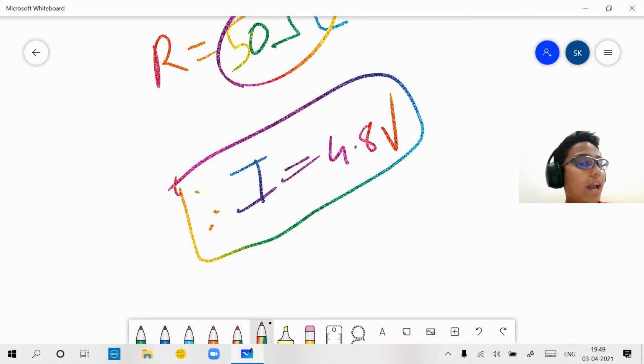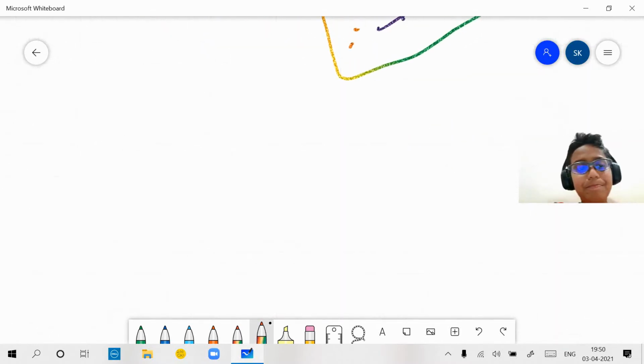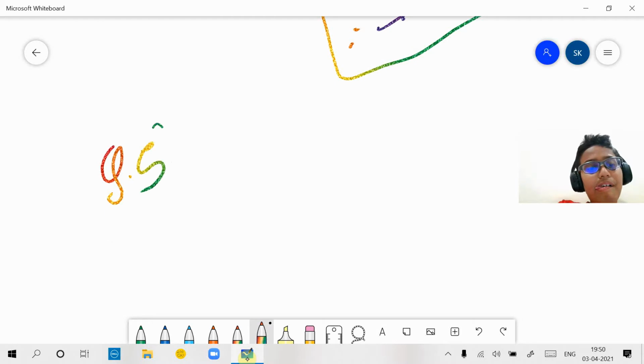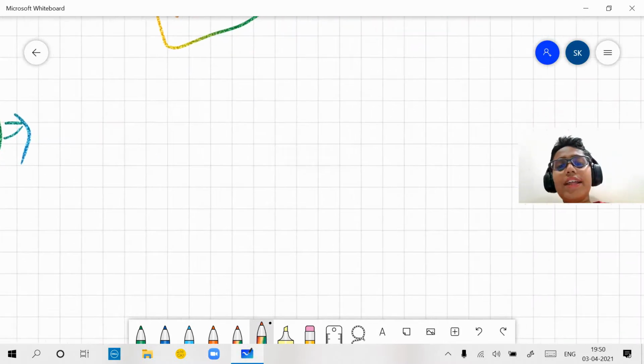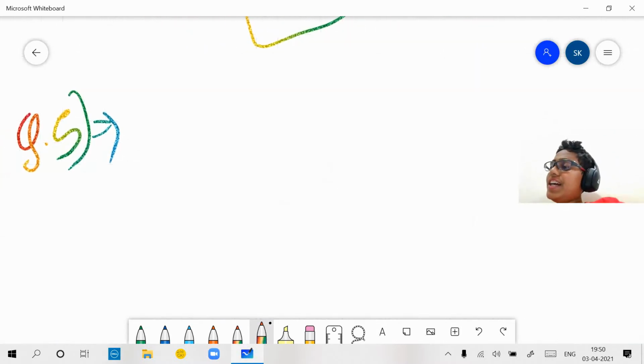Okay, so now let's do the fifth question again. The question is: the potential difference across a 3 ohm resistor is 6 volts.